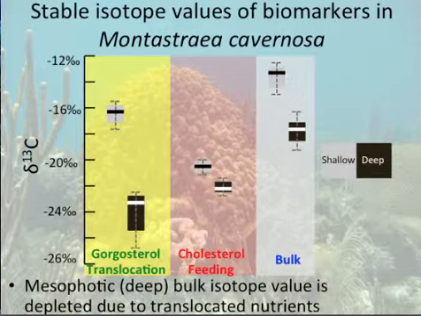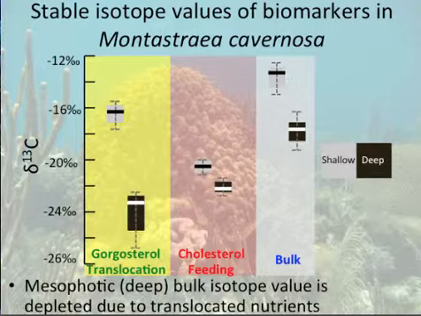So these photosynthetic nutrients that are produced by the symbionts have exactly what we would expect to see as far as their stable isotope value. In the shallow waters, their value is approximately minus 16 per mil, and that's how we measure what's called the delta carbon 13, which is the carbon isotope value. And then when we get into the deeper waters, it's depleted down to minus 24 per mil.